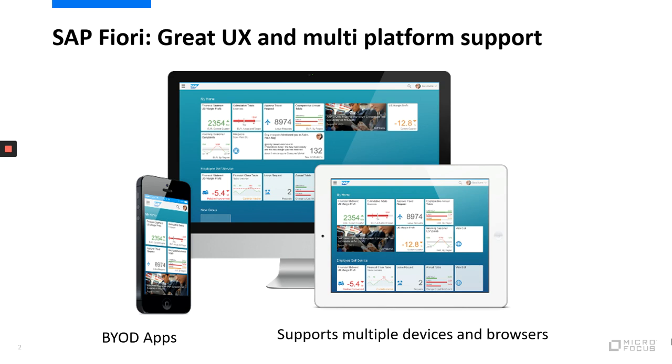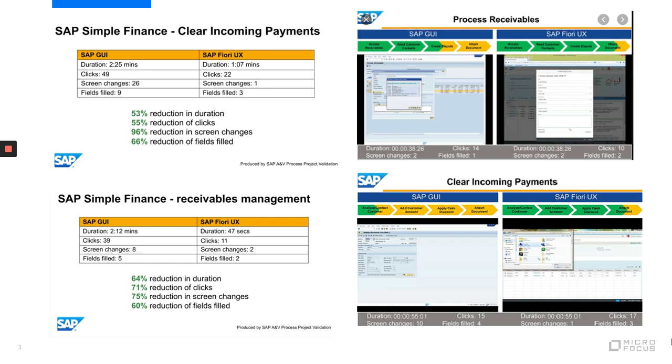And there's a lot of benefit when transforming from GUI to Fiori. There are a lot of comparisons for different transactions. And overall, you have a huge benefit, minimum 60+% reduction in duration, and the user experience is great, in terms of how much information you have to provide.